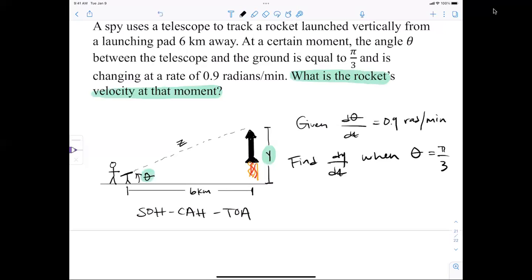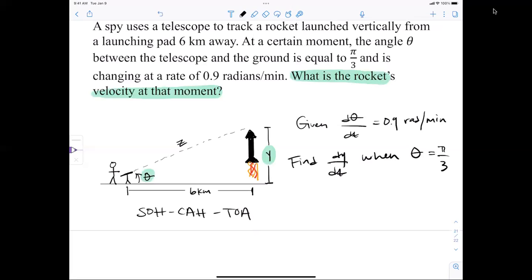Just a little refresher on SOHCAHTOA, right? It's from right triangle trigonometry, and it's based on the angle that you care about or that you're solving for. The outputs of sine, cosine, or tangent are ratios of sides from the right triangle.